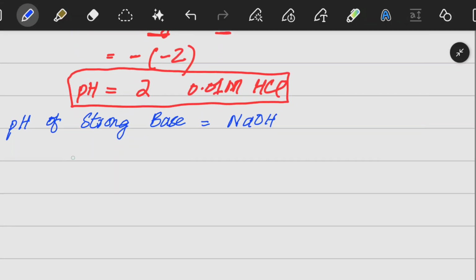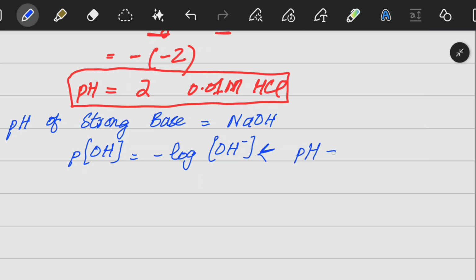When we are talking about a base, we look at the pOH instead of pH, which is the same thing, the negative log of hydroxide ions. As soon as we know the hydroxide ion concentration in the solution, it is really easy to find the pH, because pH would be 14, which is the maximum on the pH scale, minus pOH, and that gives us the pH of the base.